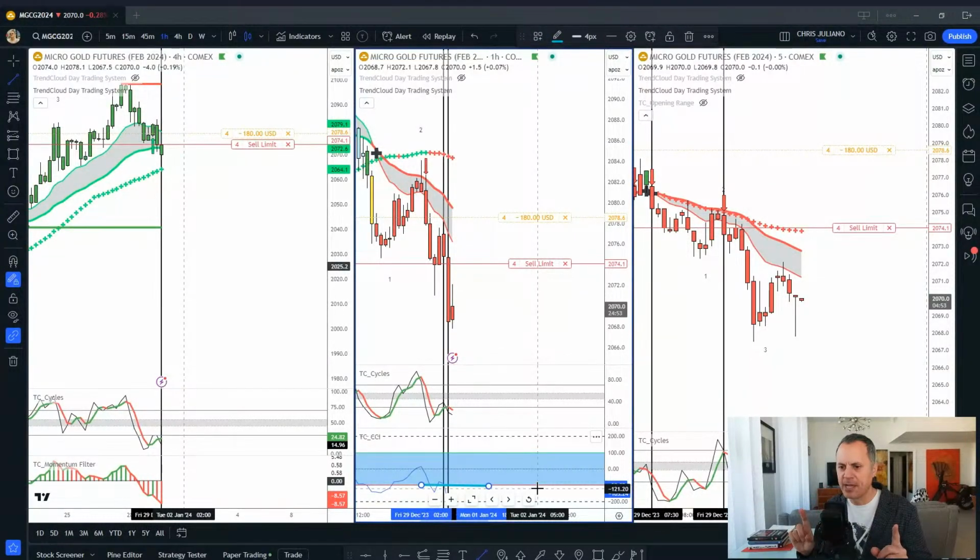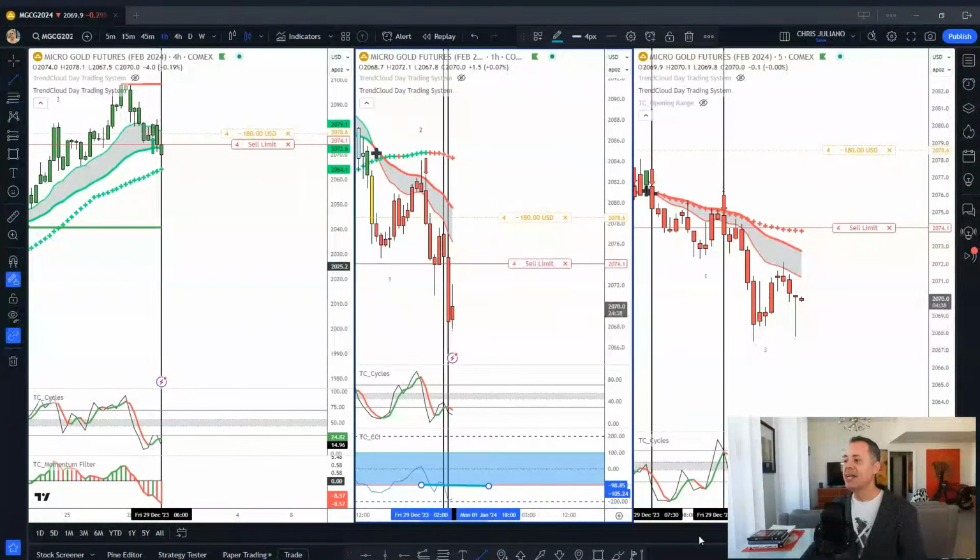And this is what Richard Lambert did back in 1980. If the CCI line is below negative 100, that means you're in a very strong downtrend.